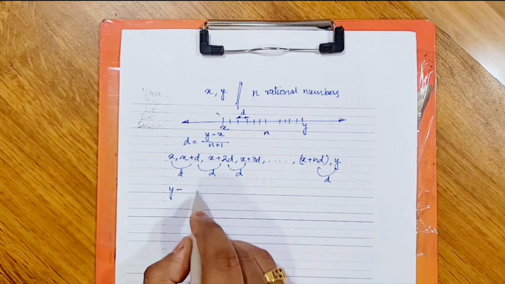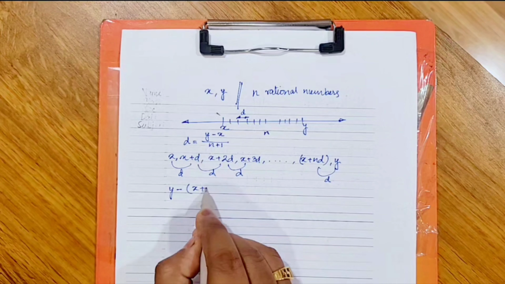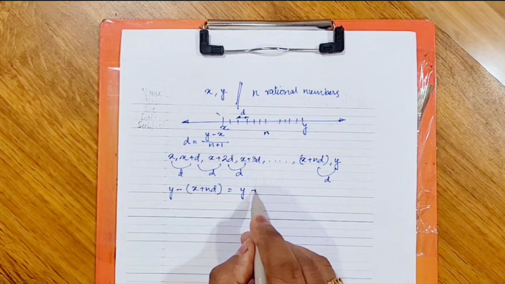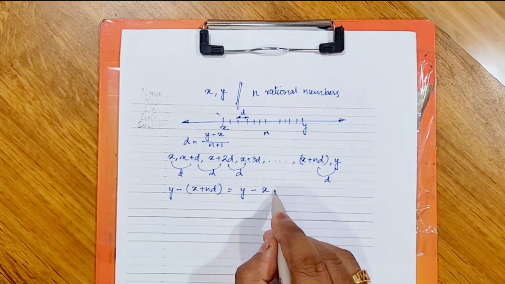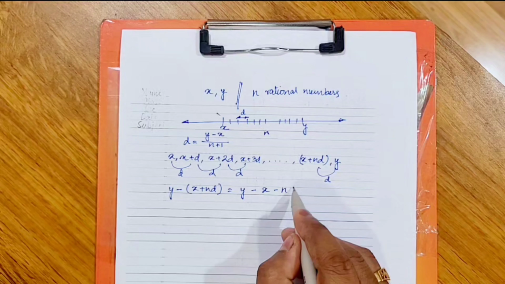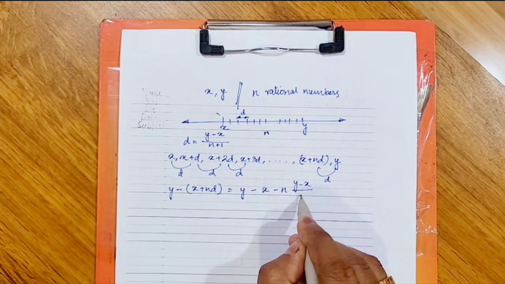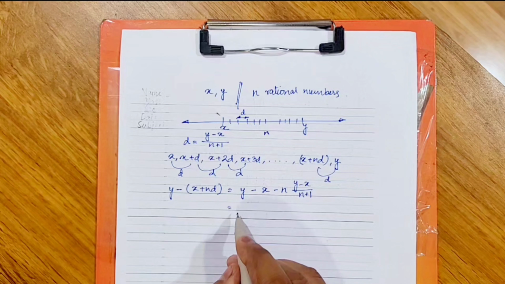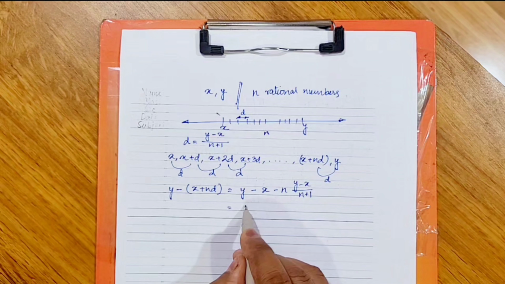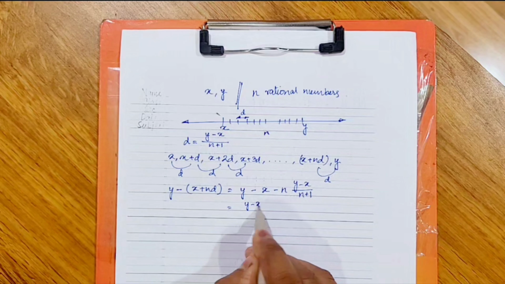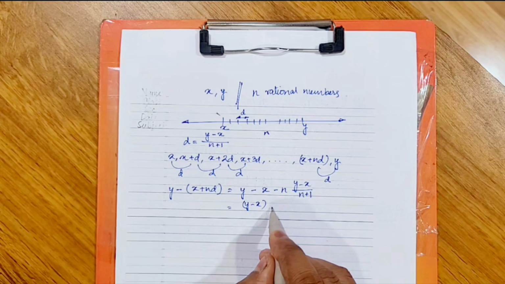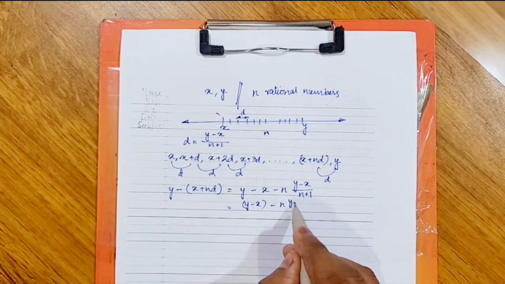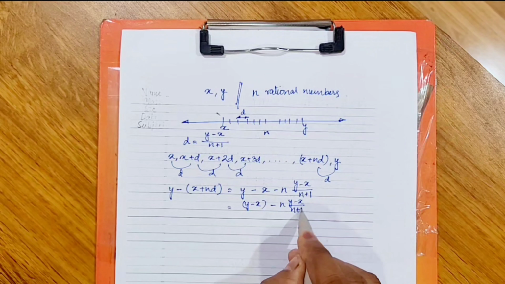y minus (x plus nd), which is equal to y minus x minus n into (y minus x) by (n plus 1).